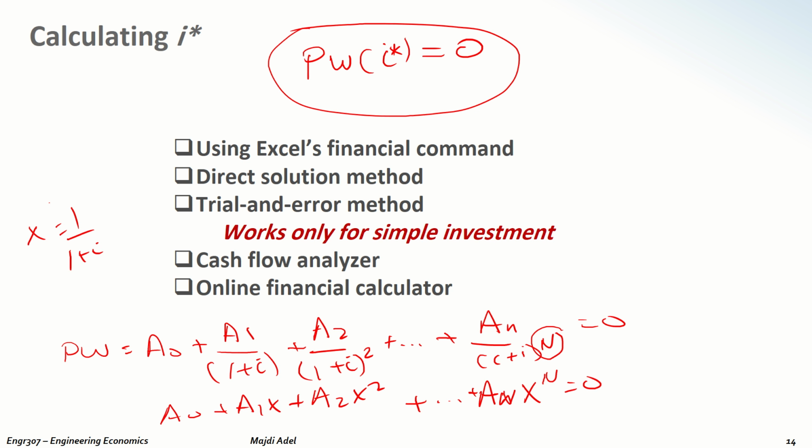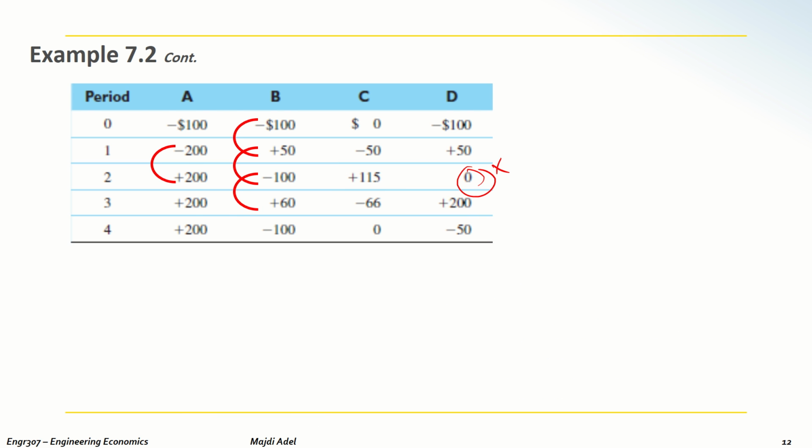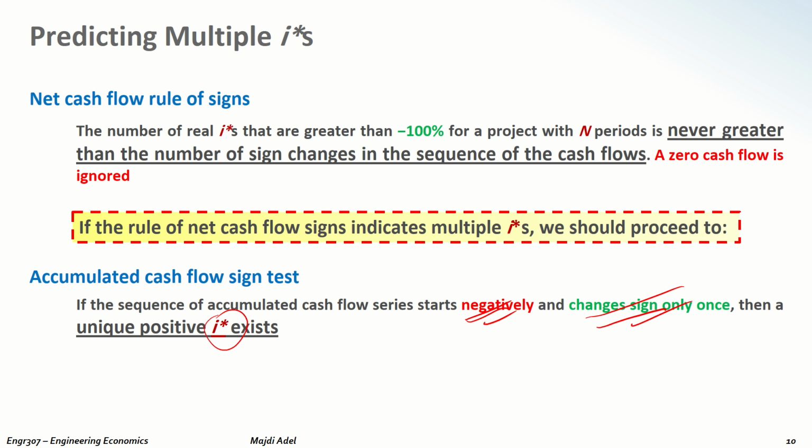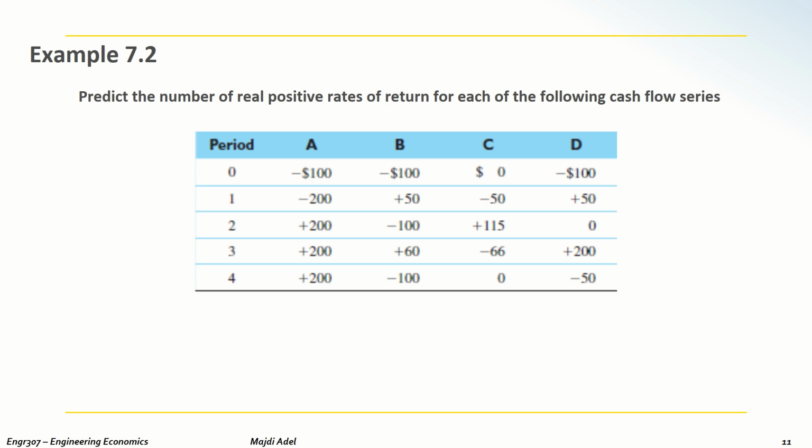But as you have seen from the previous examples or the previous rules, we can reduce them based on the net cash flow rule of signs or the accumulated cash flow sign test. You can see for these projects, the number of years is 4. So mathematically, if I solve present worth equal to 0, I will have 4 interest rates or 4 roots.